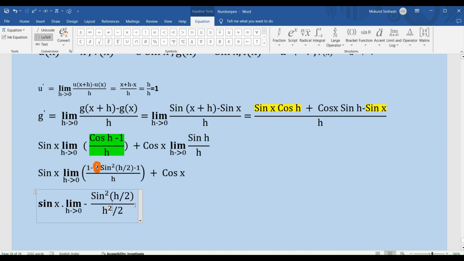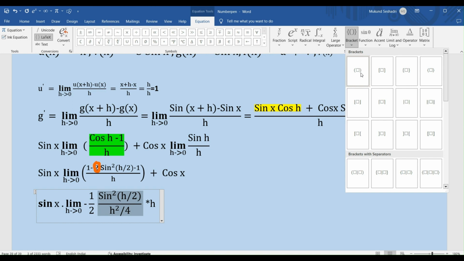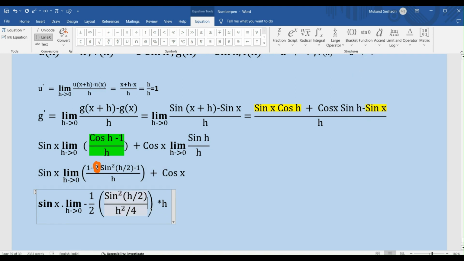I'm going to multiply and divide by h, and then I'm still going to multiply and divide by 2, right? And let me bracket this so that it becomes a lot easier for us to visualize.